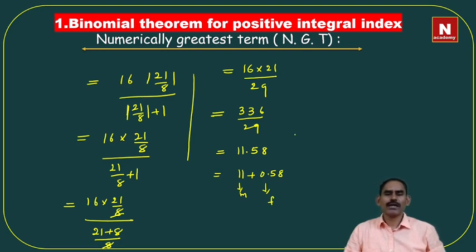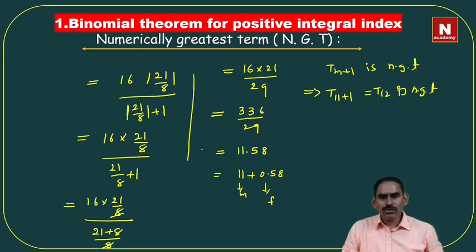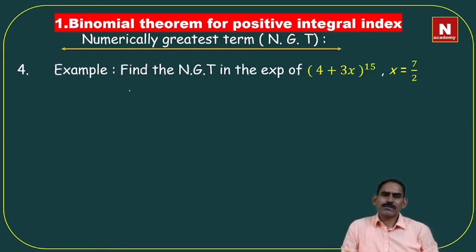According to our formula, t_(m+1) is the numerically greatest term. That implies t_(11+1), that is t12, is the numerically greatest term. Now you have to find t12 in the given expansion, (4 + 3x)^15.